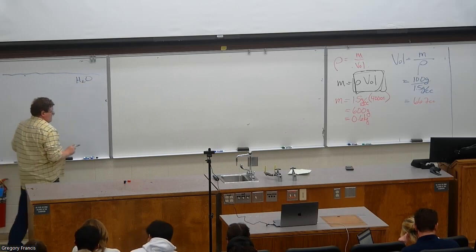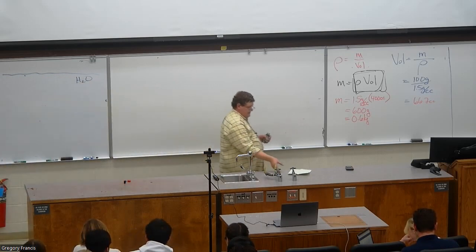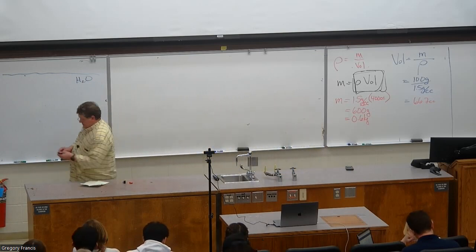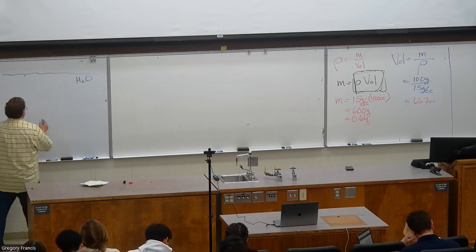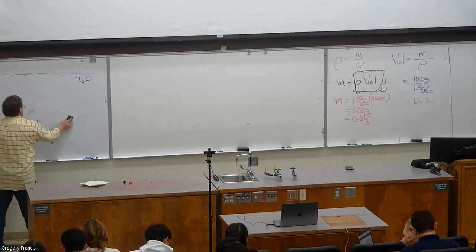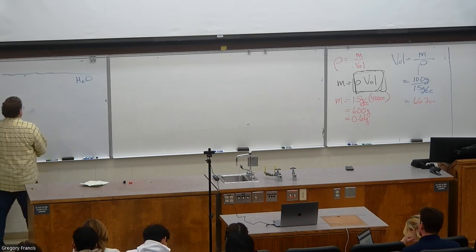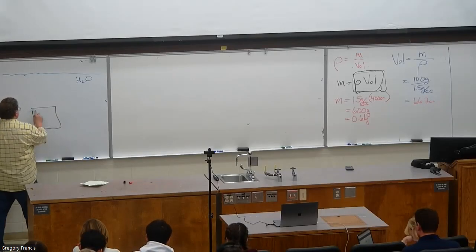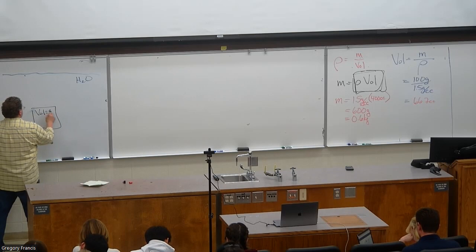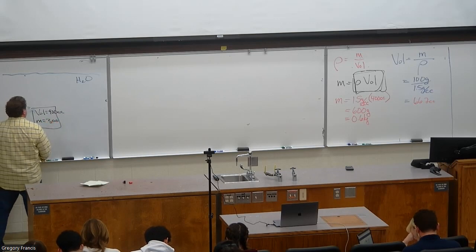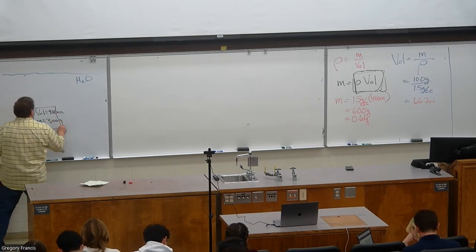And let's start with a block. Blue looks like water, so let's make the block this color. And let's say that it has a volume of 900 cc's and a mass of 300 grams.